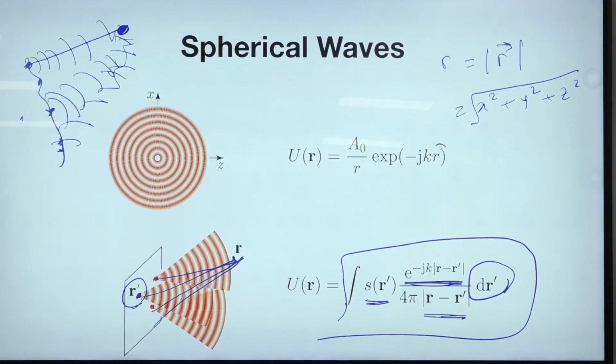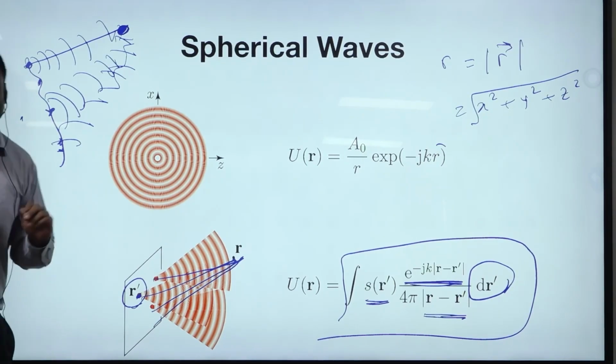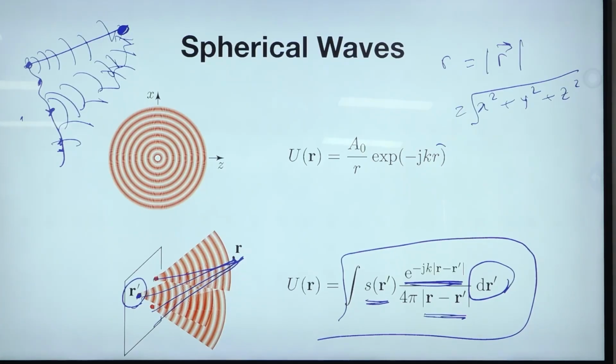And this is what's called the Fresnel-Huygens principle, a quantitative way of figuring out the scalar field at one point given the field at another point. This is how we can propagate light and understand light in a lot of different situations.